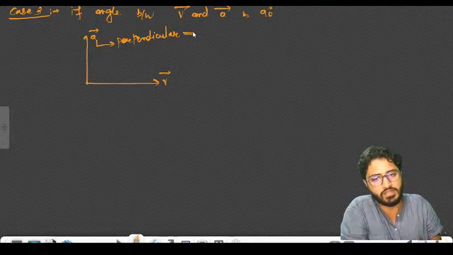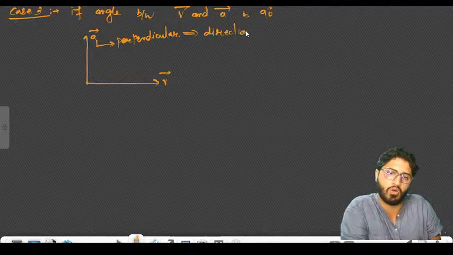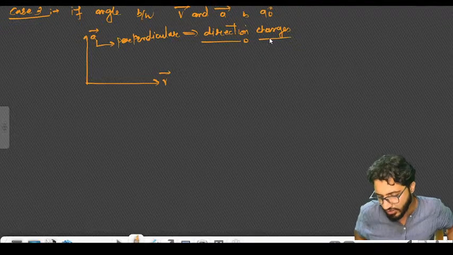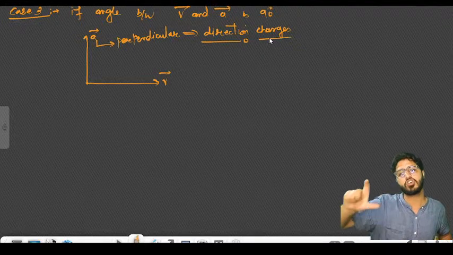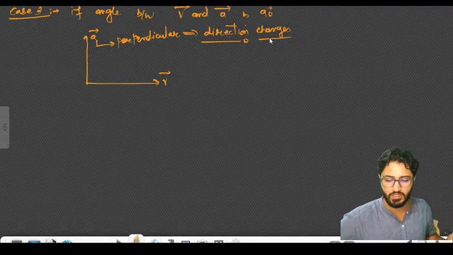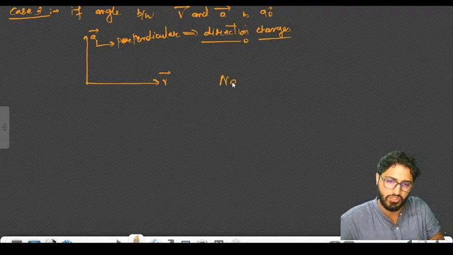So in this way, what will happen? Only direction changes. Only the direction of your motion will change, magnitude will remain the same. So you can write here, no change in speed.